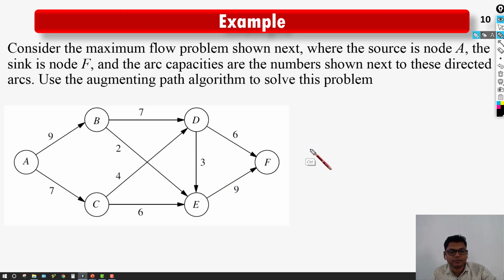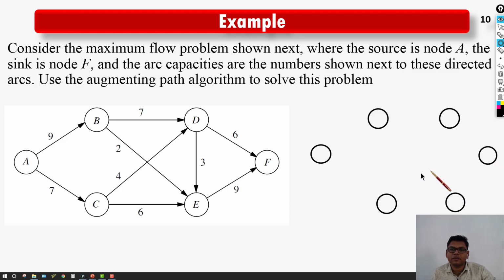Let's draw that. A, B, C, D, E, F. Connect to this. I am making an undirected one, so there is no need of arrows.